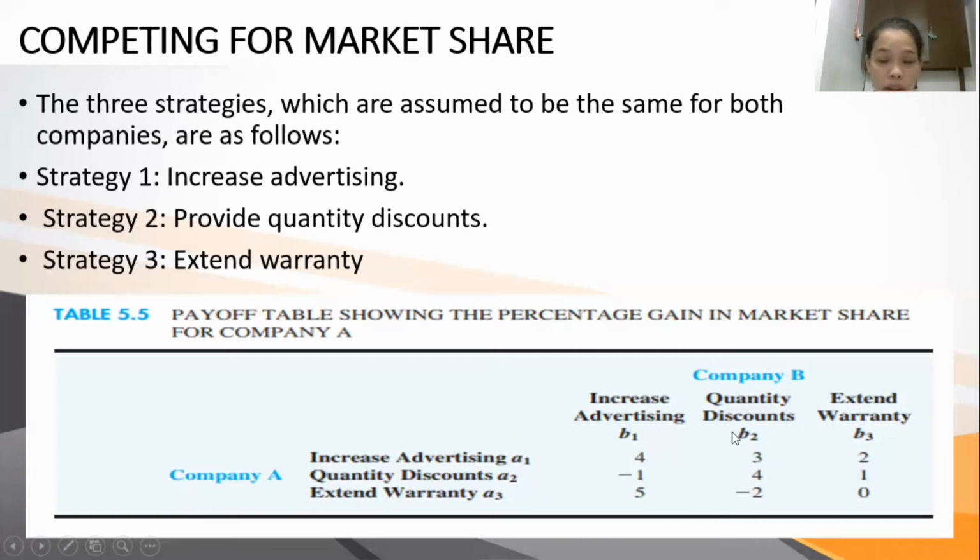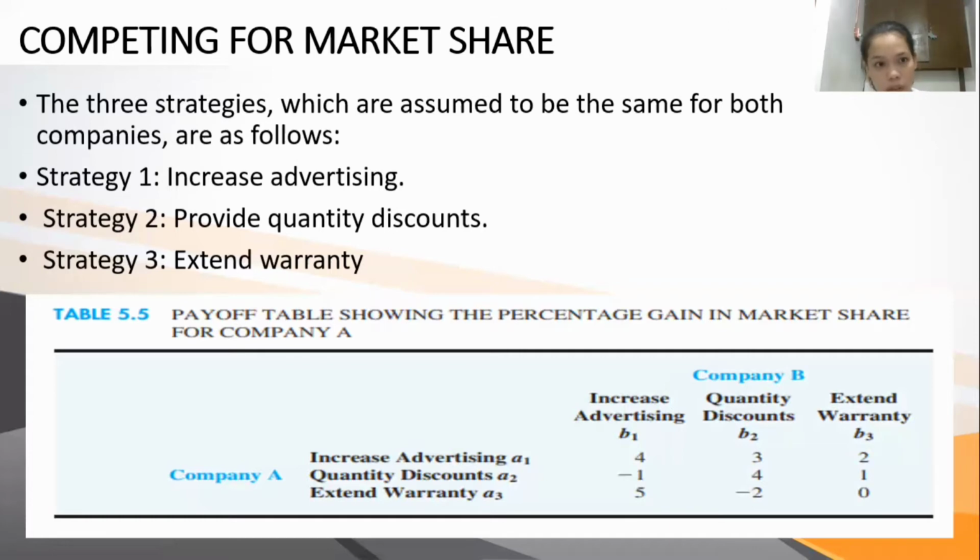Because it is two-person, there are two players, which are the two companies, company A and B, and the zero-sum occurs in a way that the increase of the market share of company A will be the decrease of the market share of company B.